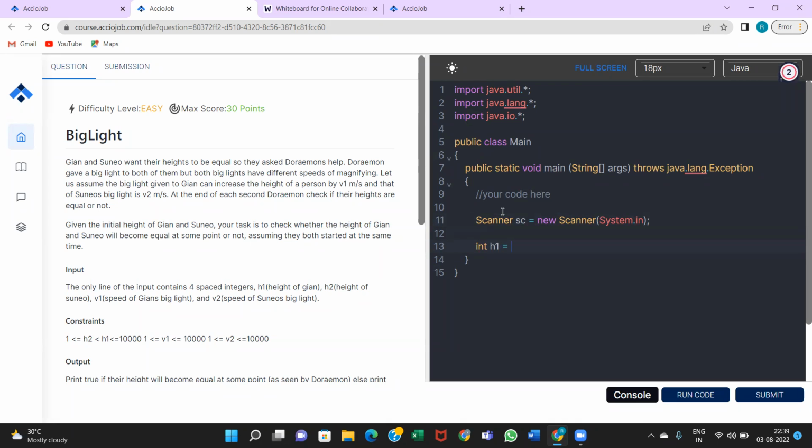So int h1 equals to... we are taking this integral value. Similarly, I'll do for height 2. Let me name them height of Jian, height of Sunyo, and we are taking the input, and then velocity for Jian.